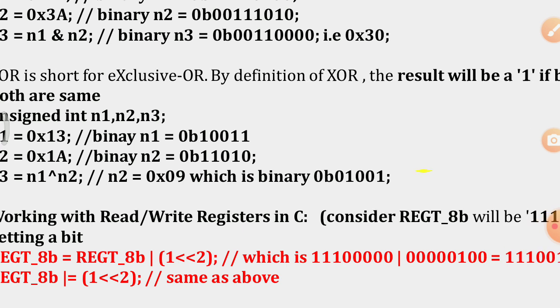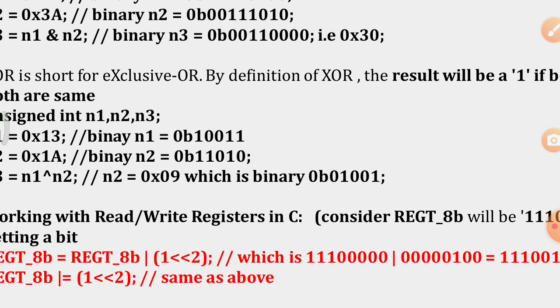This means that the register reg_8b has the value 11100000, which is ORed with 00000100. That is bit positions 0, 1, 2. 1 shifted to the left 2 times means it starts from 001 and becomes 100, that is the value 4 here.